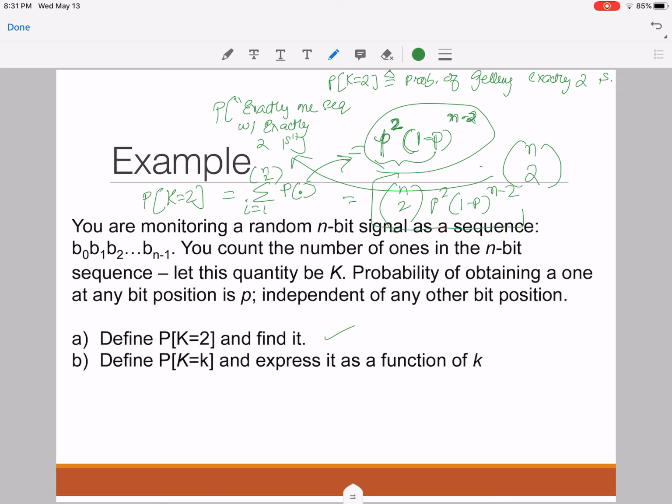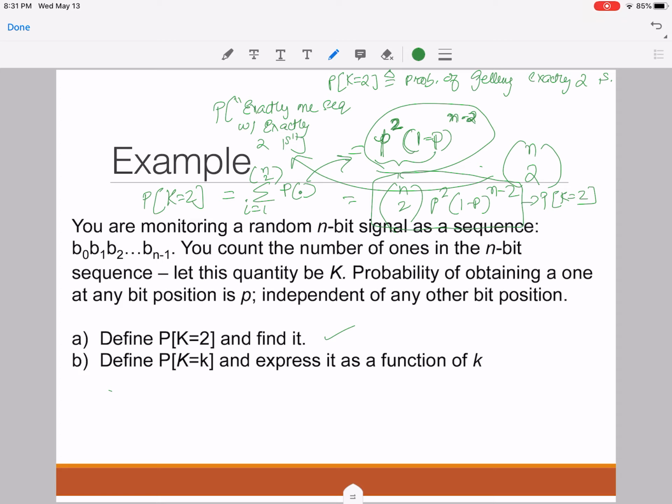This is the probability of getting exactly 2 ones in this experiment, because there are n choose 2 sequences that can give me exactly 2 ones. So that solves problem A.